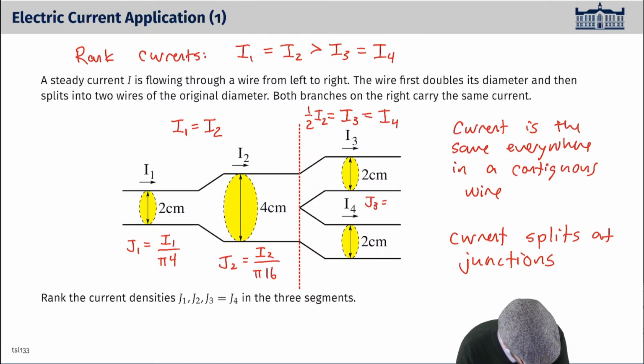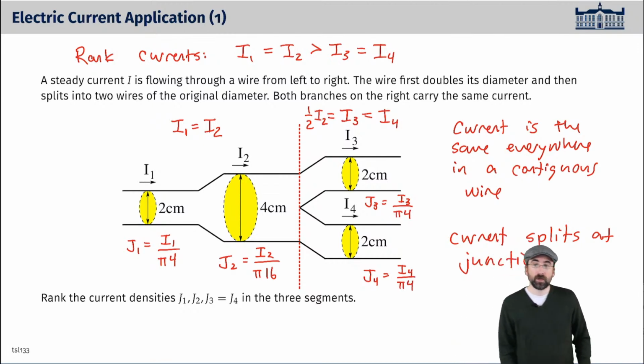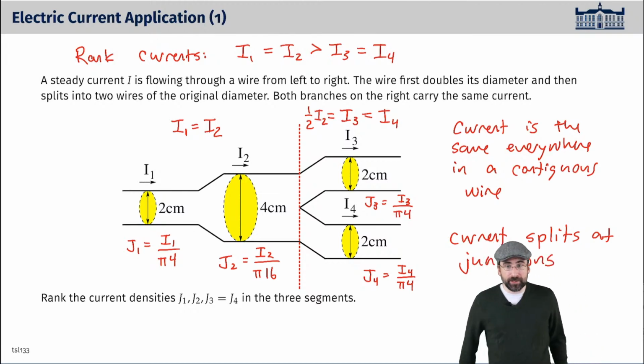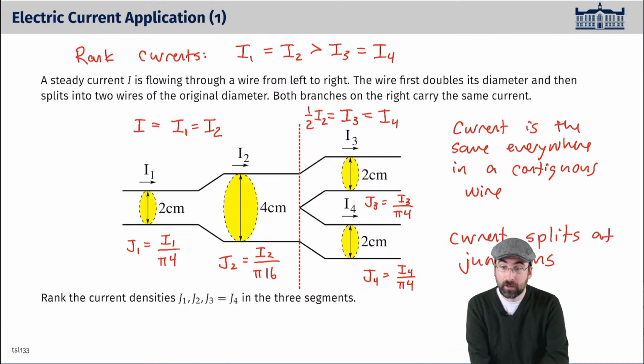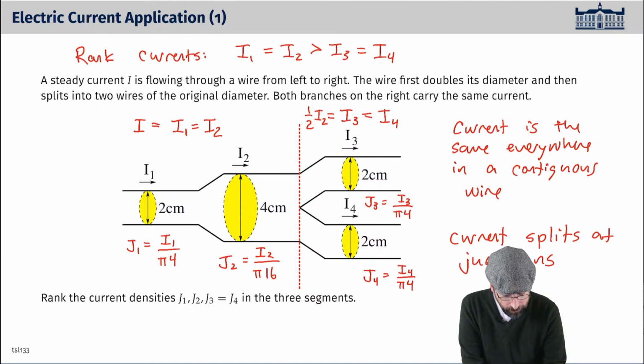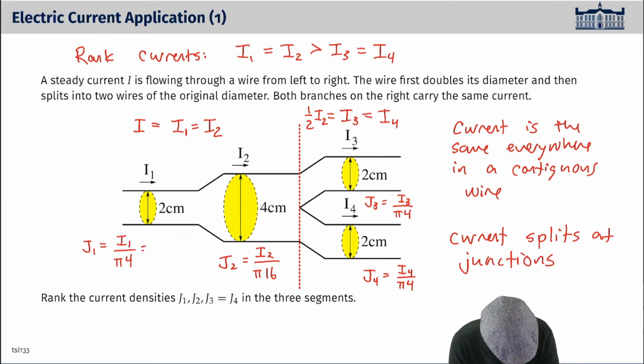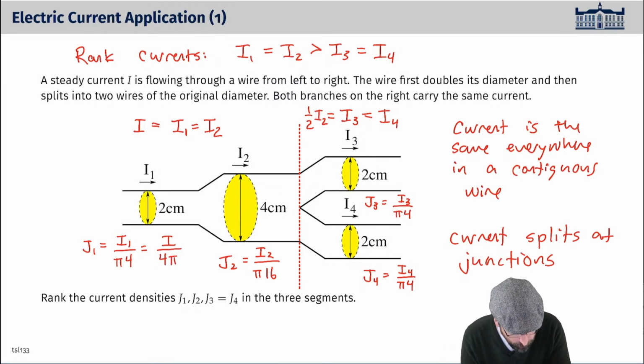J3 is I3 divided by pi times 2 squared, which is 4. And J4 equals I4 divided by, again, pi times 4. Now, the way I'm going to do this, to label everything consistently, is I'm just going to call my initial current I. So, I know I1 is just equal to I, and so that's over 4 pi.